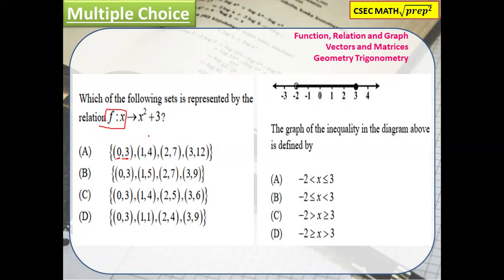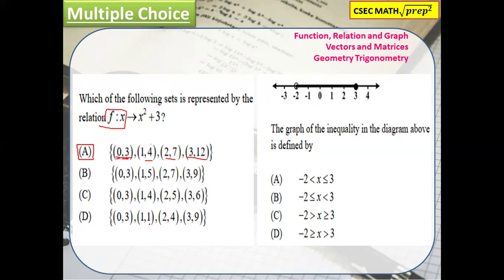So for example, if you square 1, 1 is 1, plus 3 is 4. That's okay. 2 2s is 4, plus 3 is 7. That's okay. And 3 3s is 9, plus 3, that's 12. That's okay. 0 times 0 is 0, plus 3. That's okay. Without even further ado, A is the correct answer.